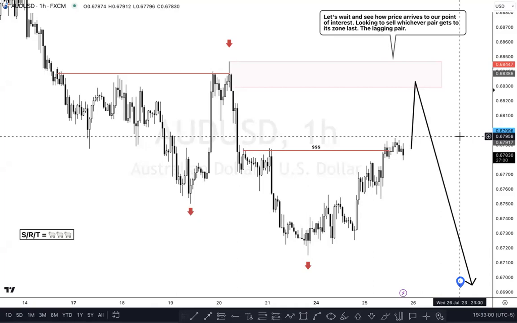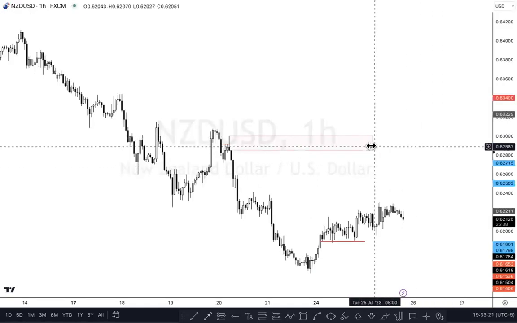So AUD USD, we can analyze this chart and have a pretty good understanding of what it could do. But there's other influences on this chart, and this also influences other charts. So it's almost like you have to approach this like chess. There might be a play, it looks like the play is over here, but in reality, the play is over here.